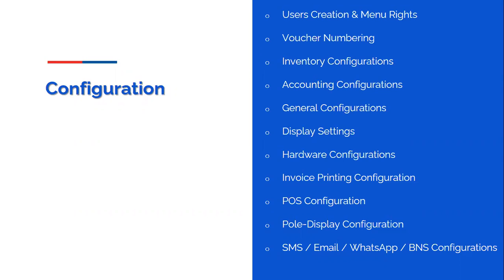POS configuration, point of sale configuration, pole display configuration, okay, SMS, email, WhatsApp, BNS configuration. So these are the configurations really required for the supermarket. So we have to do this much configuration in our software. Is it clear? Let us go to another slide.